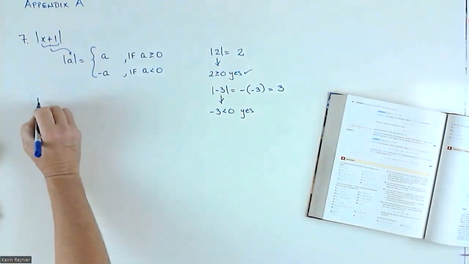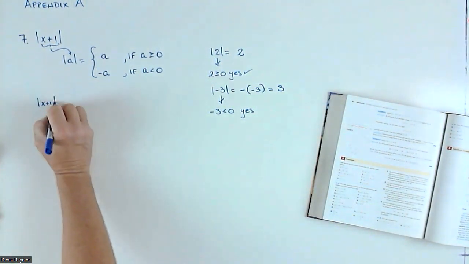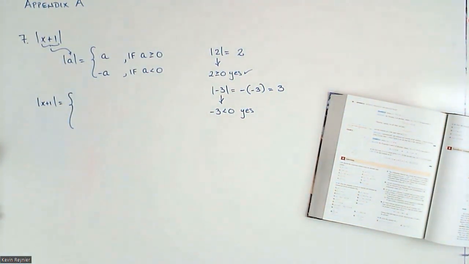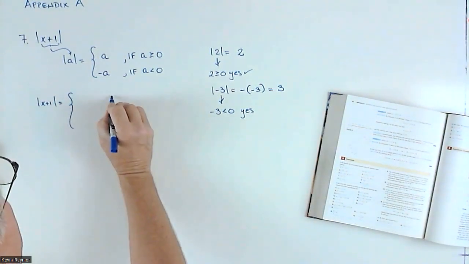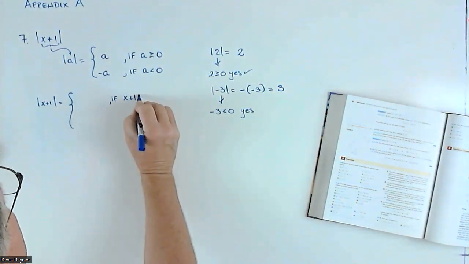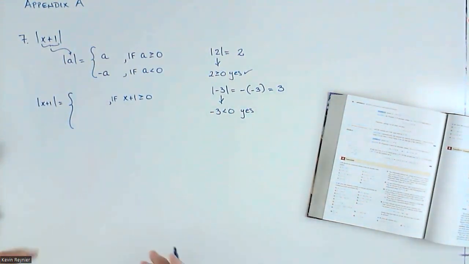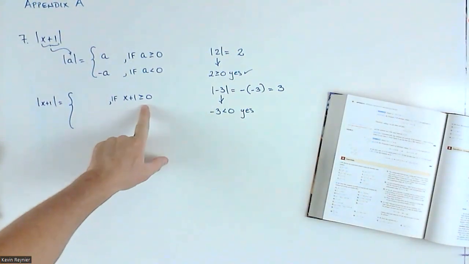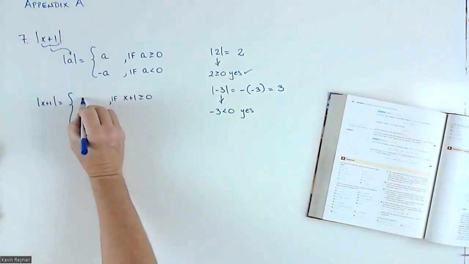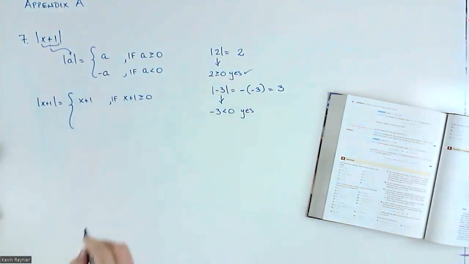So we know the absolute value of x plus 1 is going to equal one of two things. First of all, if x plus 1 is greater than or equal to 0, and we don't know the value x could be, 12. All right, 12 plus 1 is 13, greater than or equal to 0. If that's the case, we simply get x plus 1.